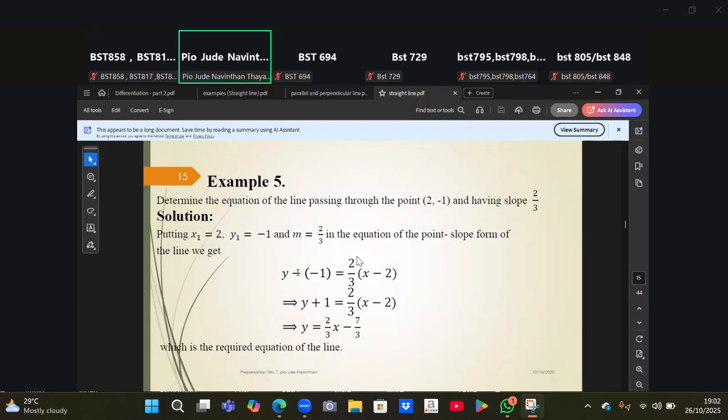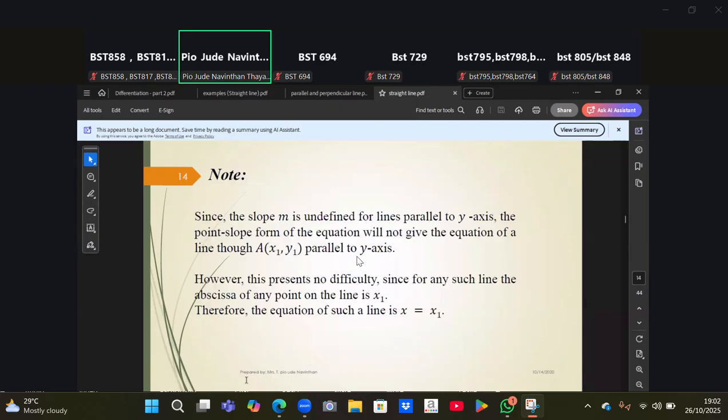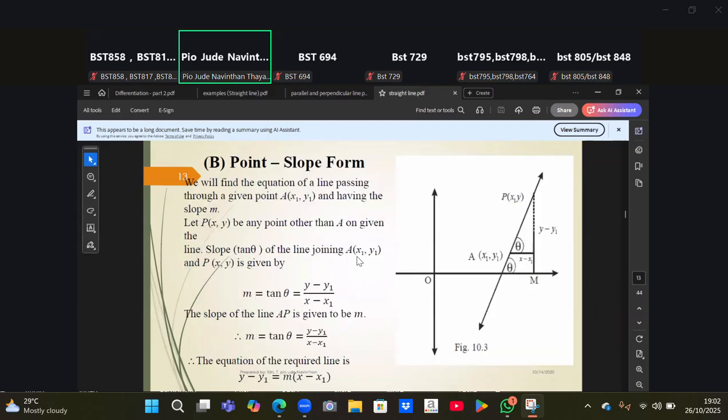Y minus, minus is the default minus. It is in the theory. Y minus y1. How do we get this y minus y1? For this distance, total is y, and if this portion is y1, therefore we will have y minus y1, right?